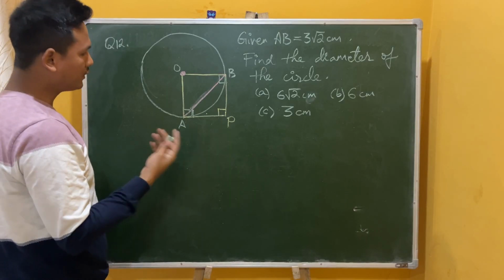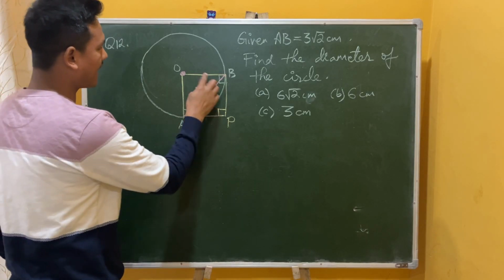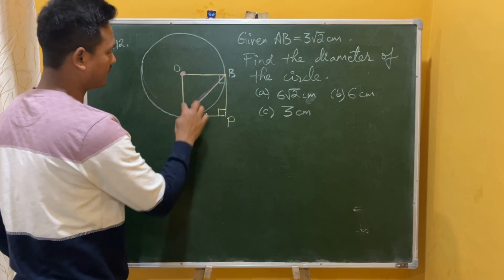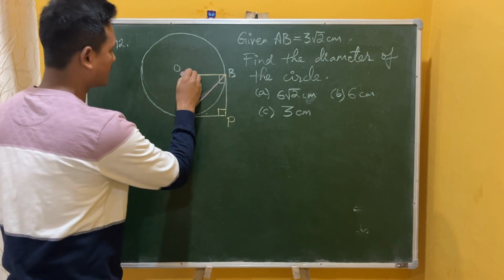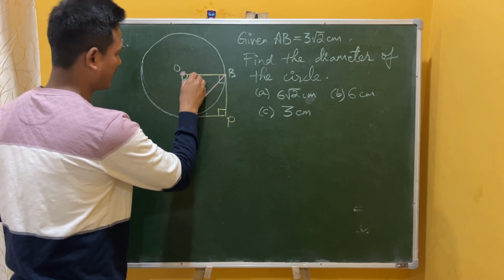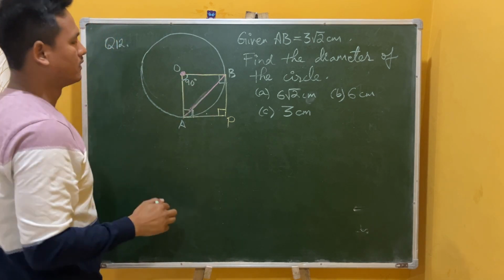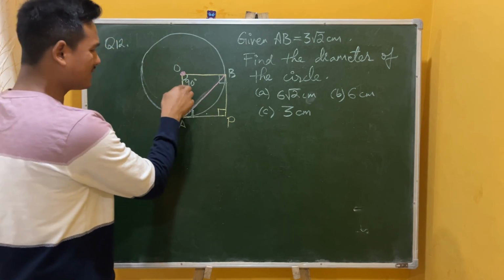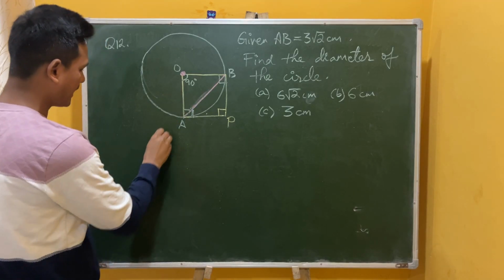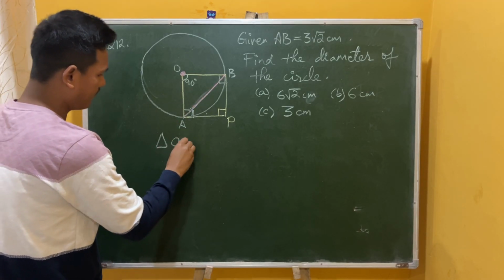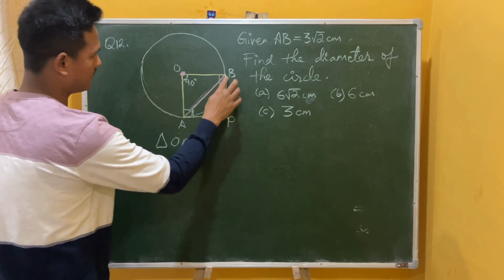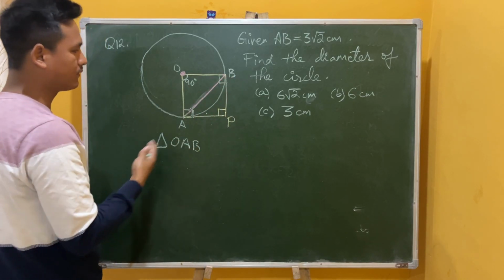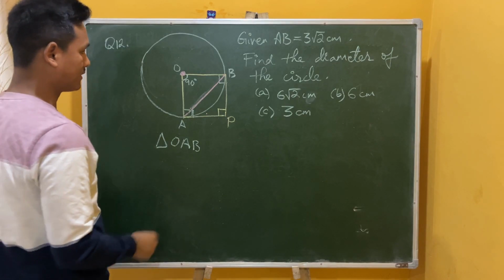And another theorem says that the sum of the angles in a quadrilateral, a four-sided figure, is 360. So this must be 90 degree. Okay. So if this is 90 degree, your triangles OAB, or let's say BPA, both of them are right angle triangles.